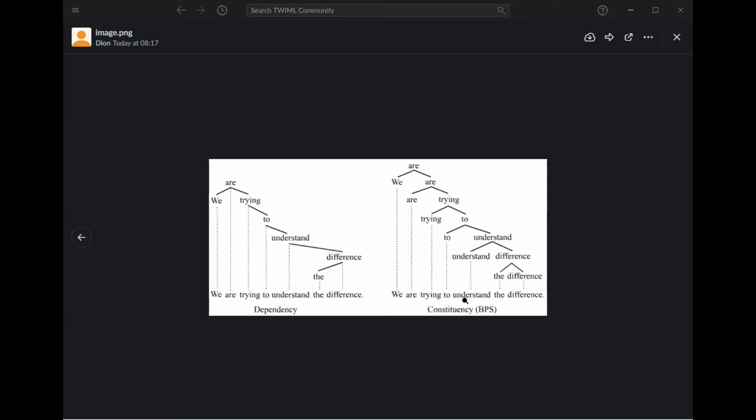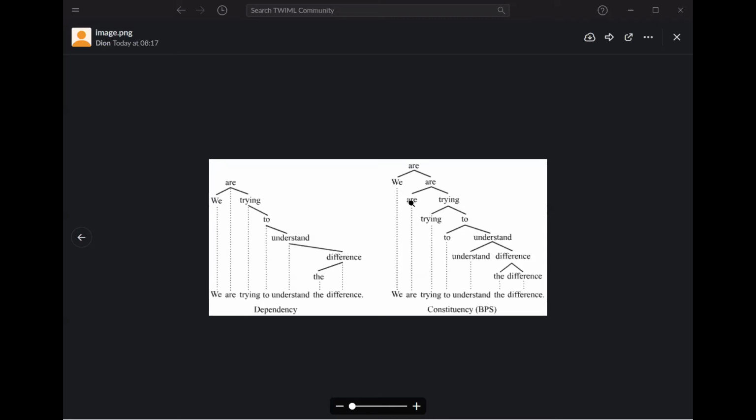And do you know how to understand this constituency graph on the right? I don't know. Okay, let's not worry about it. And the constituency means that, as I said, there is a phrase. Dependency has just one element, each connected to one, but the right graph is not that.